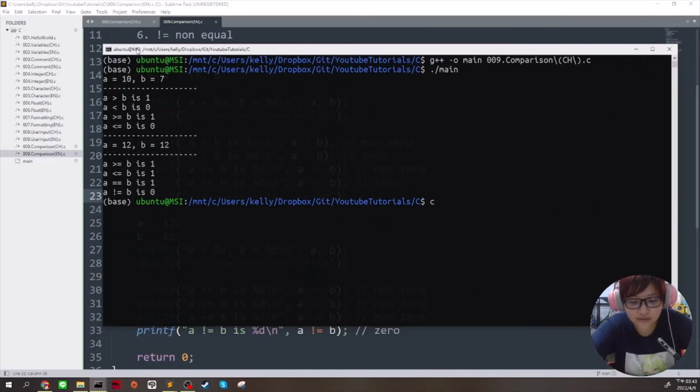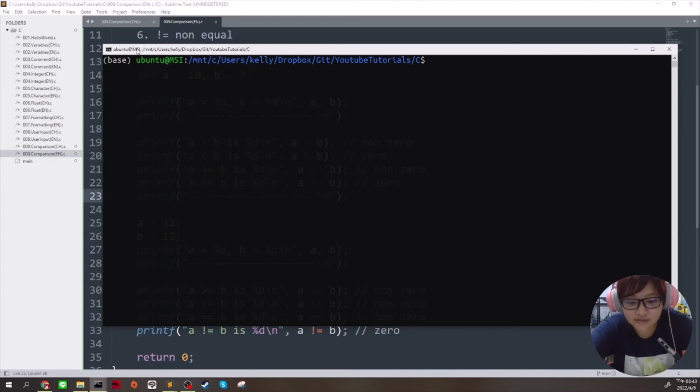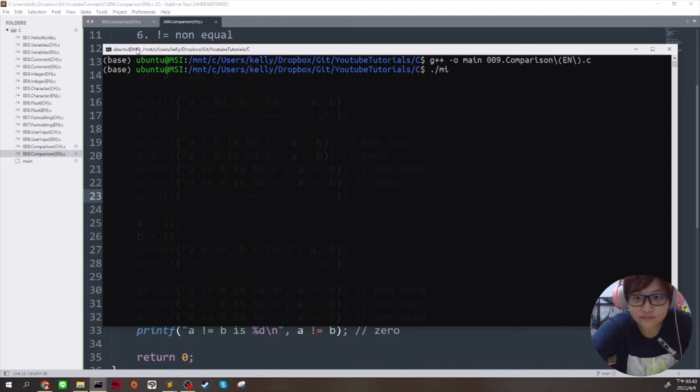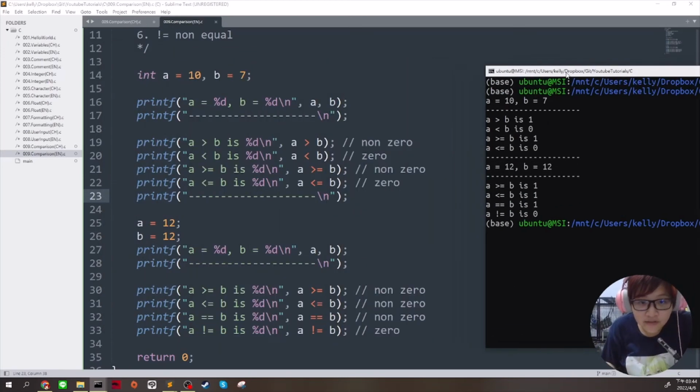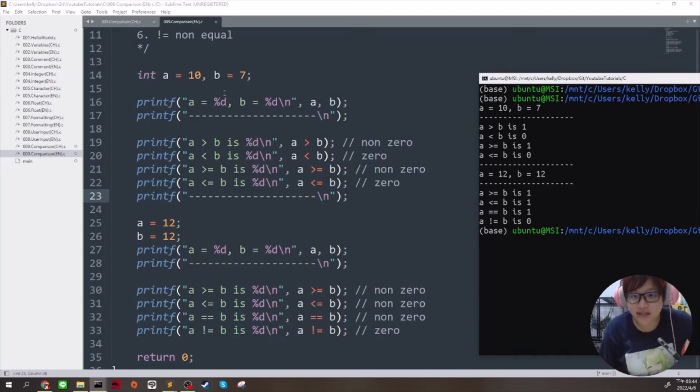Let us compile this code and see if the expectation meets our result. So here A is 10, B is 7.